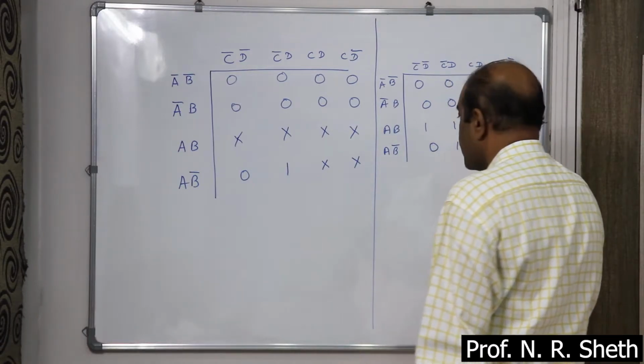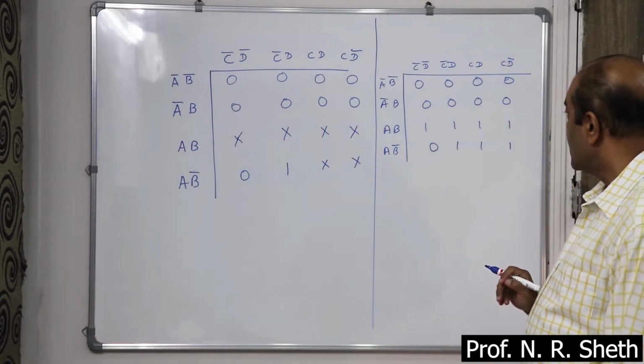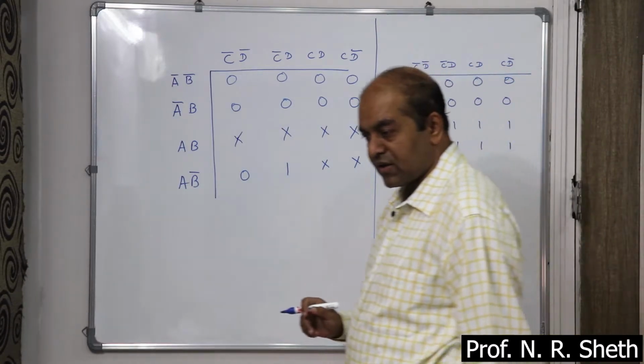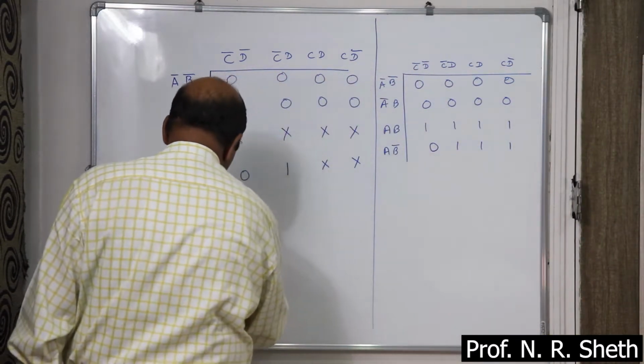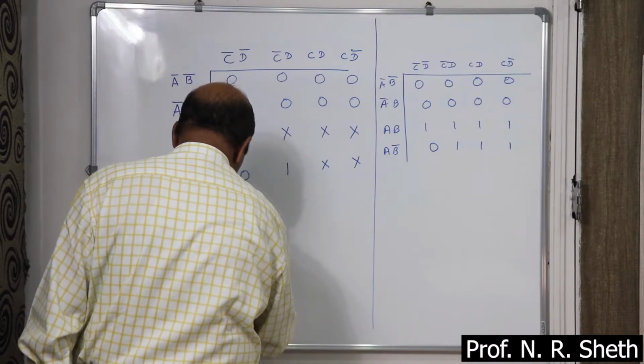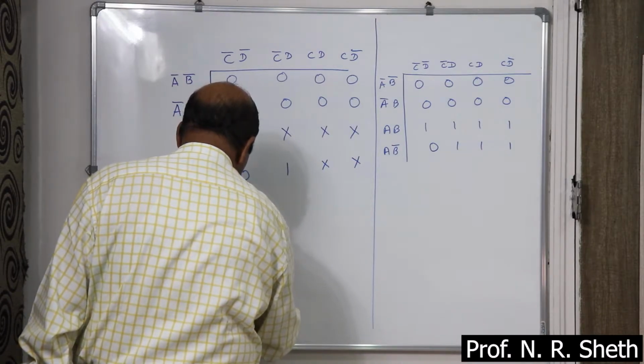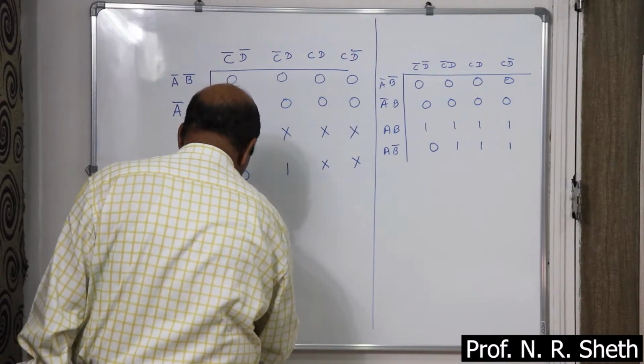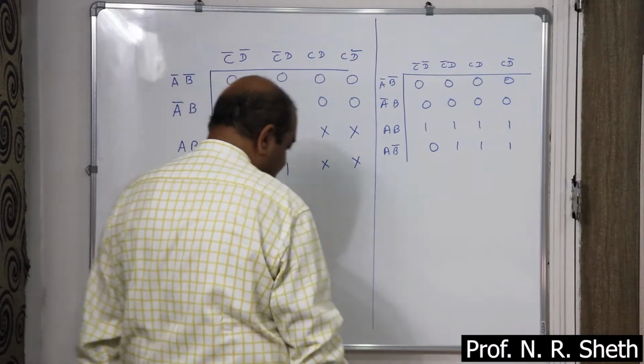So this is your K-map, and let's have an entry, octet, quad, pair.